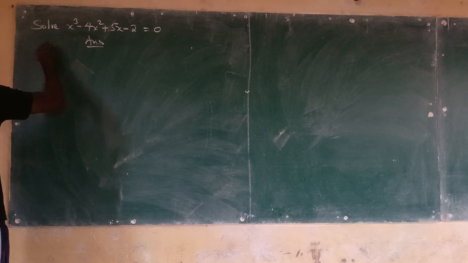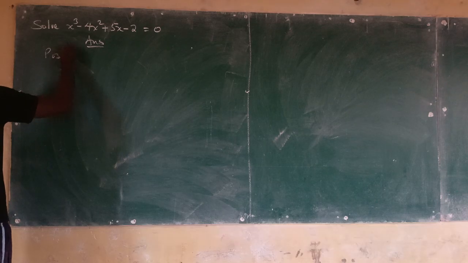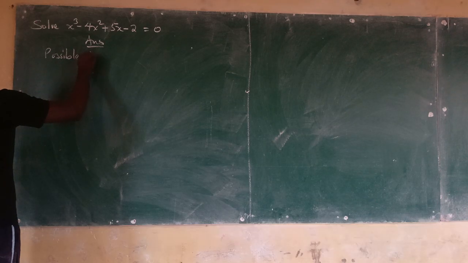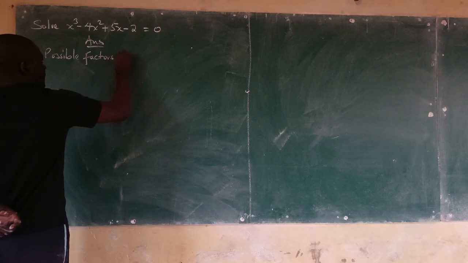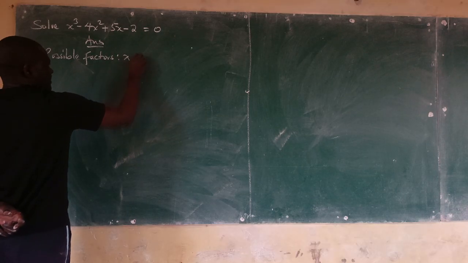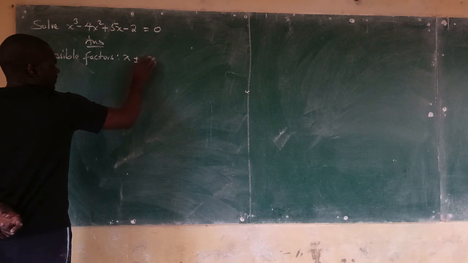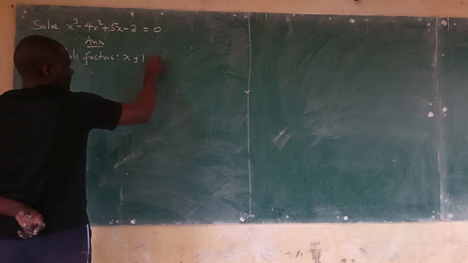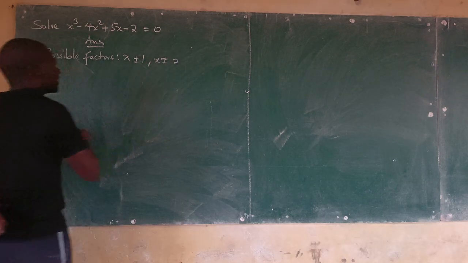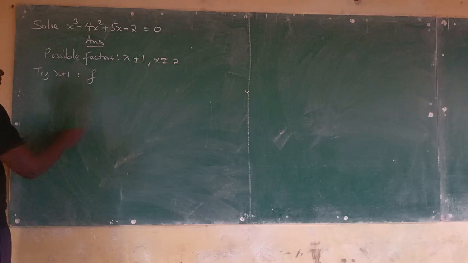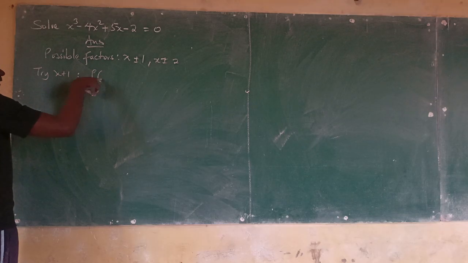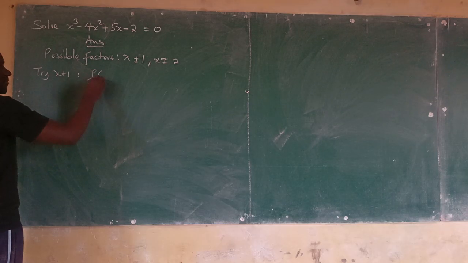Let's say the possible factors are x plus or minus 1, and x plus or minus 2. So we can try some factors. If we try x plus 1, we'll say the function f, the value for a is 1.